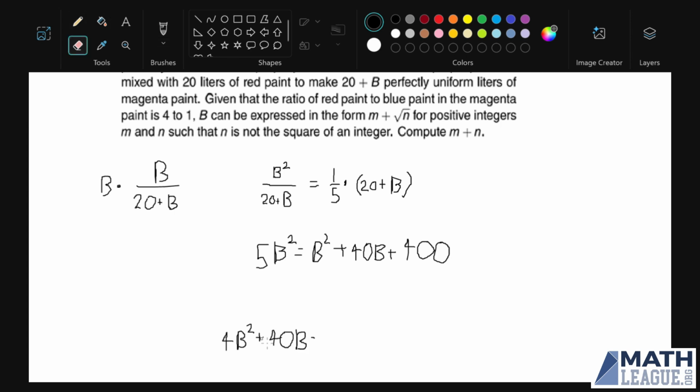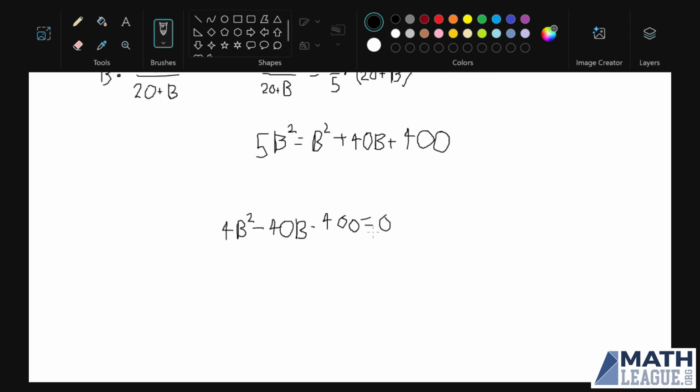Sorry, I did not mean to misspeak. And we can divide both sides of this equation by 4 to get B squared minus 10B minus 100 equals 0.